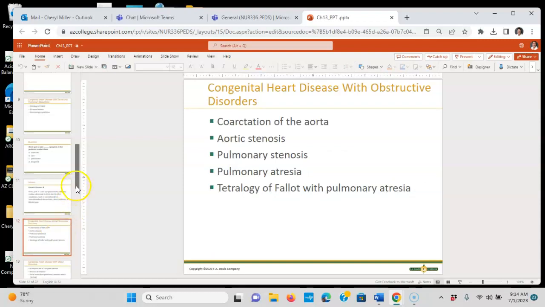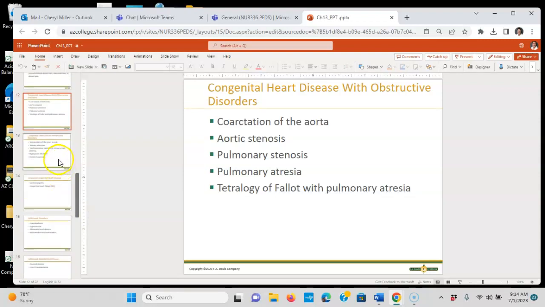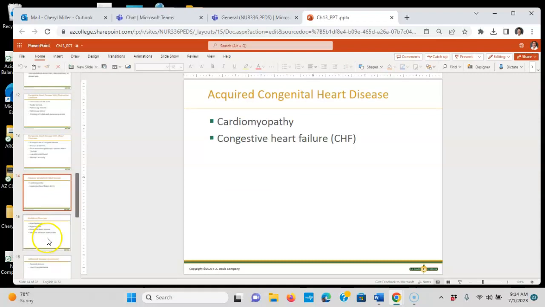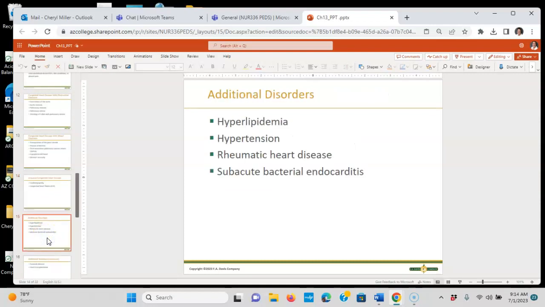All right, so we talked through some of these disorders. And then additional disorders to think about, like hyperlipidemia, hypertension, rheumatic heart disease, subacute bacterial endocarditis could also be occurring, and that would be a more acquired problem. Okay.